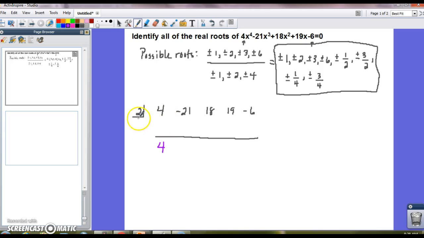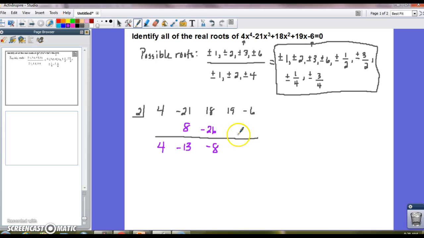Bring the 4 down, multiply 2 and 4, that gives me 8. If I add -21 and 8, that gives me -13. 2 times -13 is -26. When I add those together, I get -8.